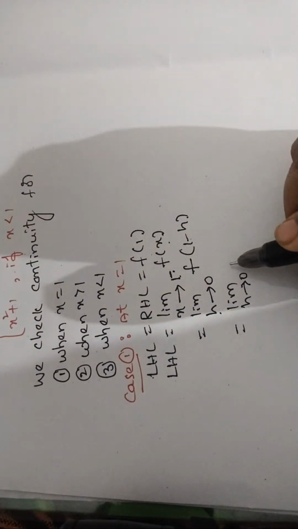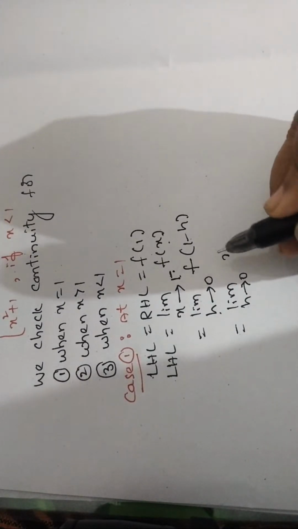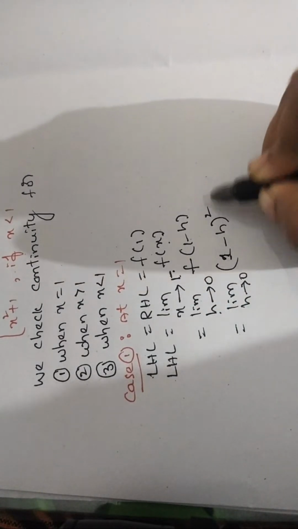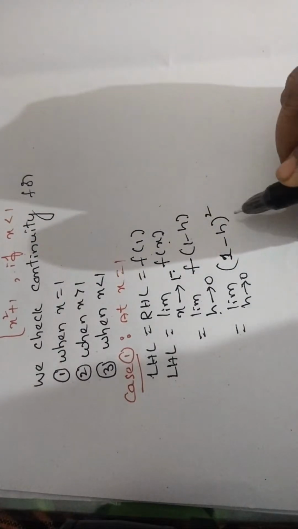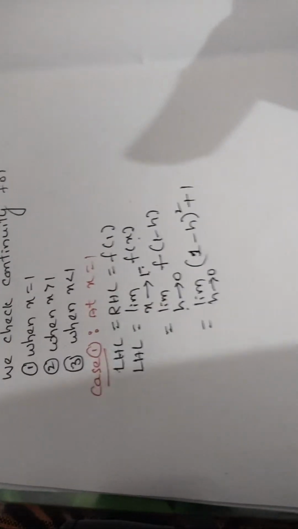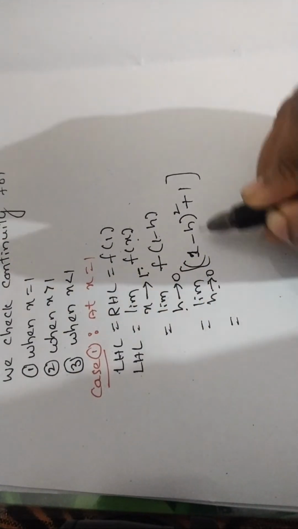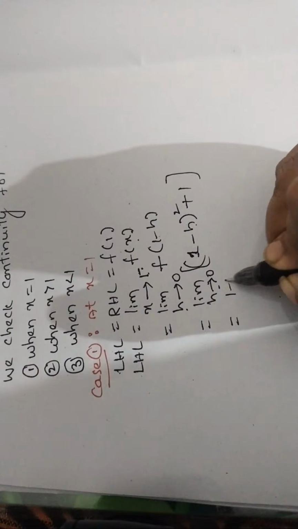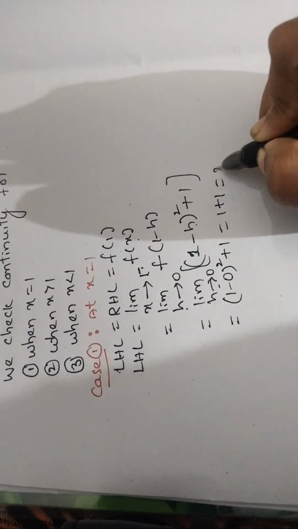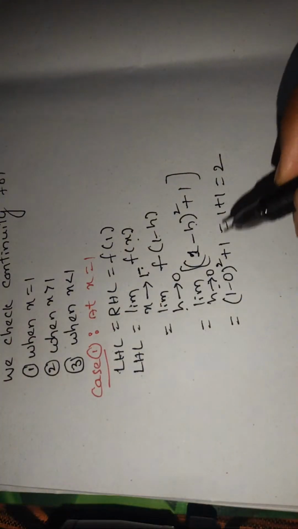In the x place we have 1 minus h, so (1 minus h) whole square plus 1. Now put h as 0: (1 minus 0) whole square plus 1 equals 1 plus 1 equals 2. So the LHL value I got is 2.